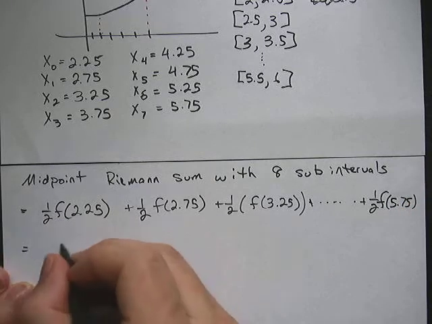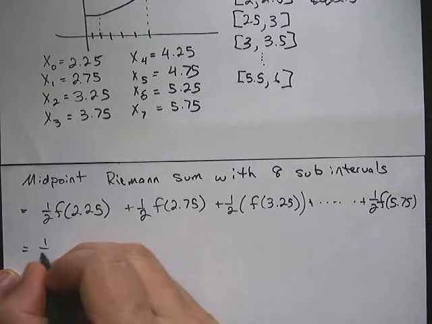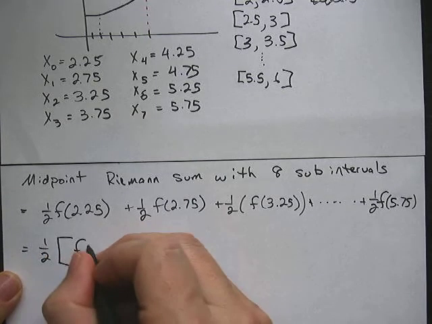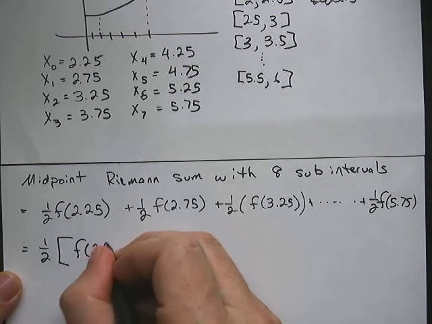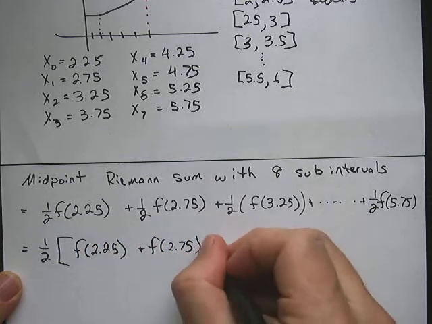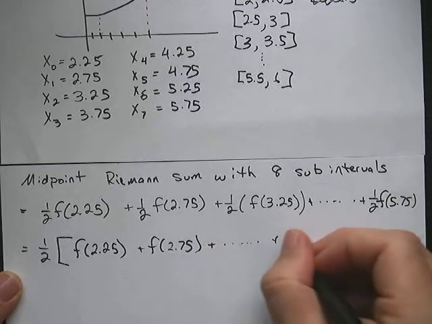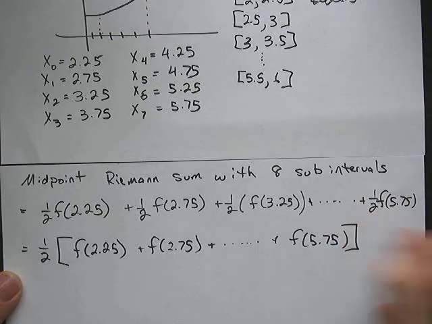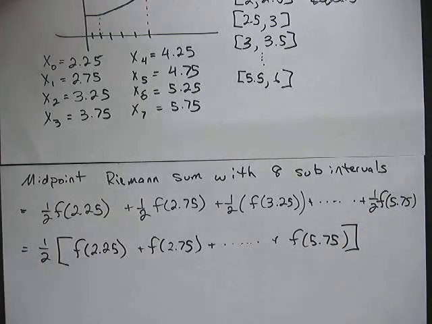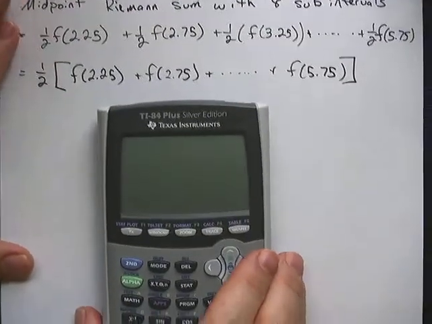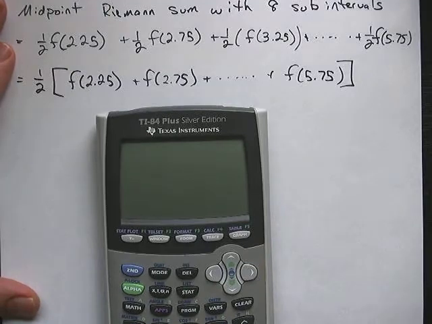Okay, now you can take the half out front. Each one of them has a half, so you can take the half out front and just do f of 2.25 plus f of 2.75 plus dot, dot, dot, plus f of 5.75. Okay, so that's what we're going to use to figure out the midpoint with 8 subintervals.